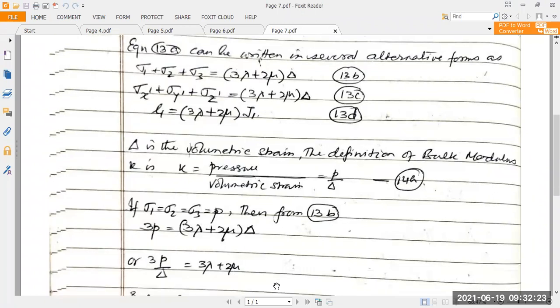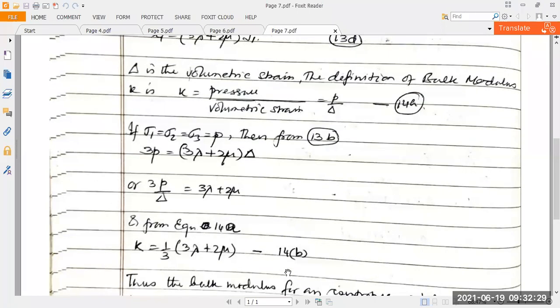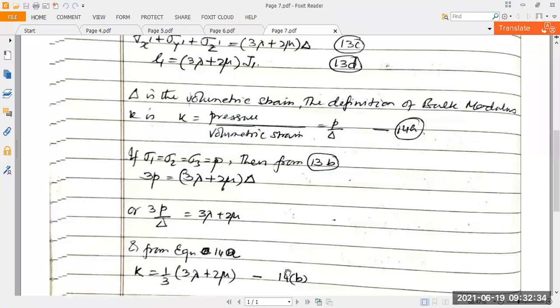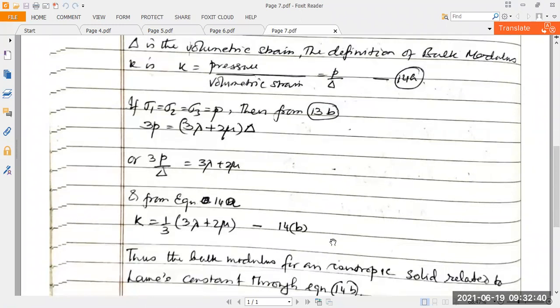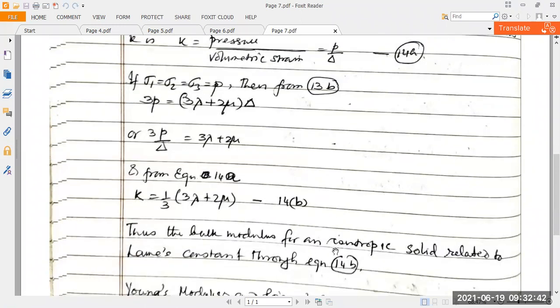Now 3P by delta is 3 lambda plus 2 mu, and this equation 14 will become K equals 1/3 of 3 lambda plus 2 mu. Thus the bulk modulus for an isotropic solid in relation to Lame's constants is given through equation 14b. These are the Lame's constants, this one and this one.